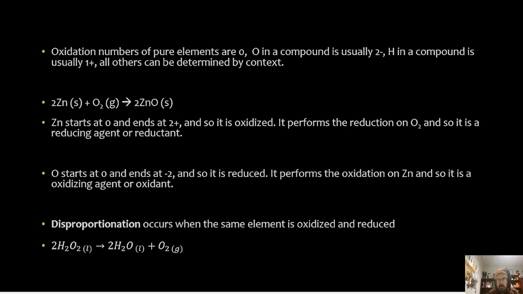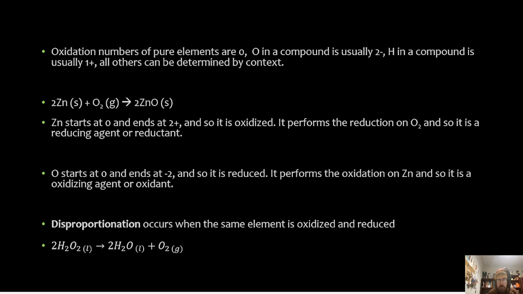Oxygen must be reduced because it's gone from 0 to 2-. So zinc must be a reducing agent, or reductant, on oxygen. Oxygen is reduced, so it must be doing the oxidation on zinc. We'd call oxygen an oxidizing agent or an oxidant.